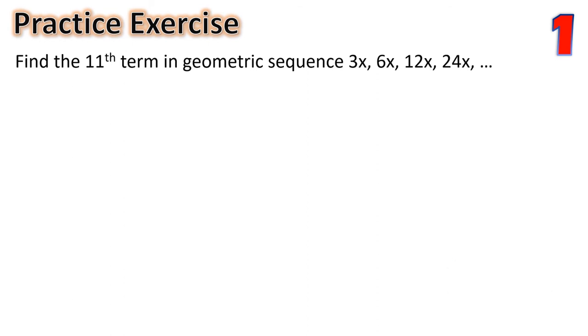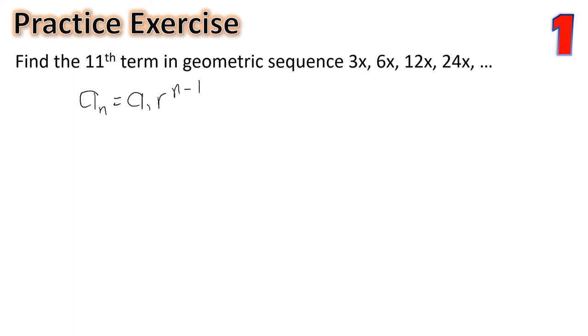Time is up. Let us have the answer. Let us recall the formula for the nth term of a geometric sequence. The formula is a sub n equal to a sub 1 times r raised to n minus 1. A sub n is the nth term, a sub 1 is the first term, and n is the number of terms.